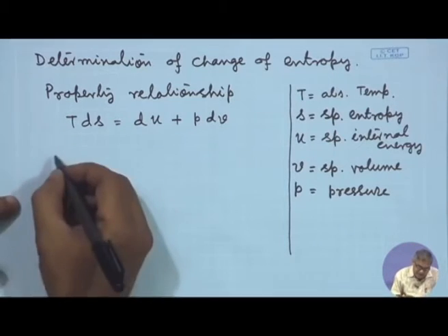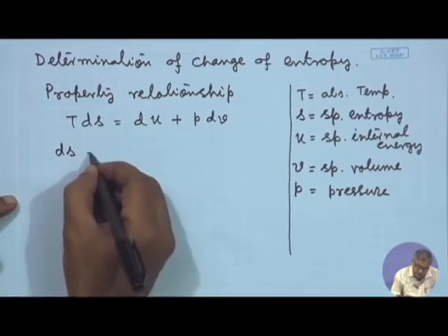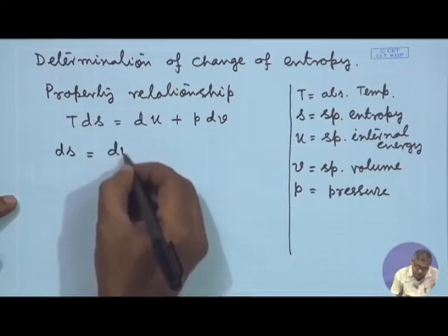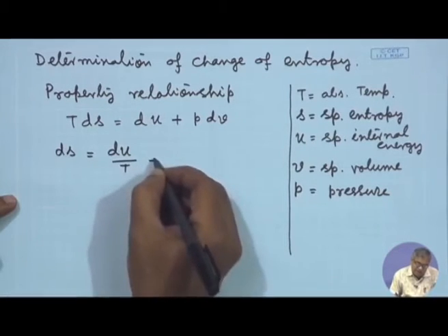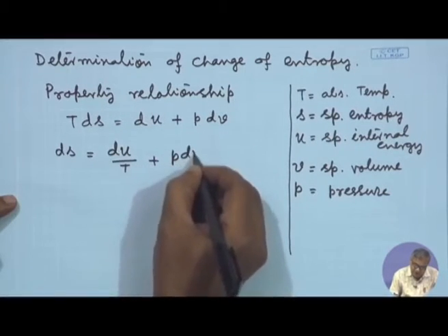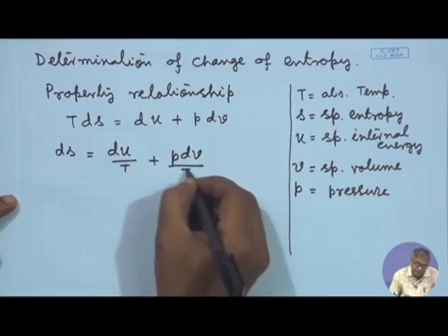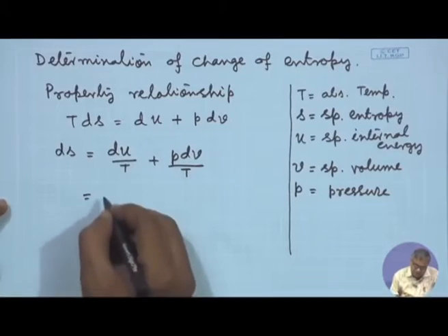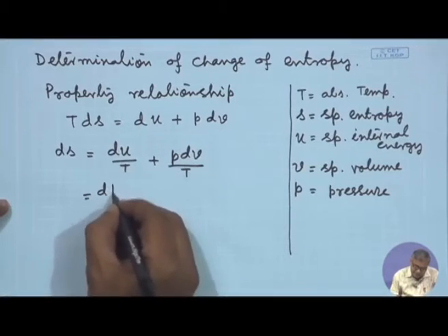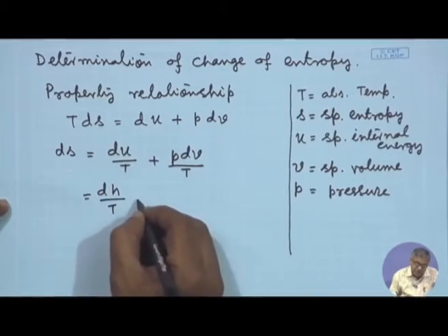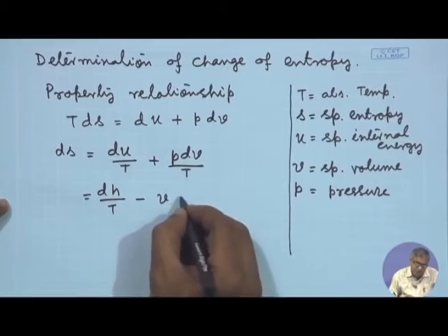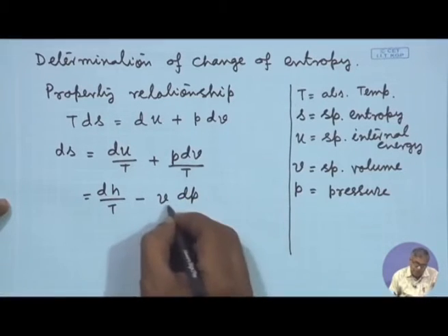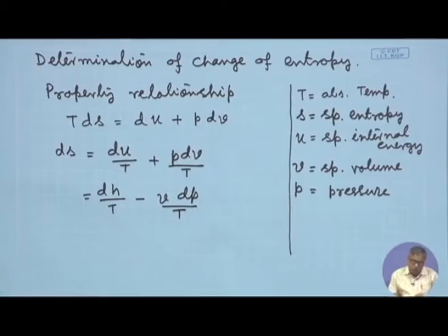Now, ds can be obtained as du by T plus P dv by T, and by some algebraic manipulation one can get dh by T minus v dP by T. These two relationships are very handy in determining change of property.